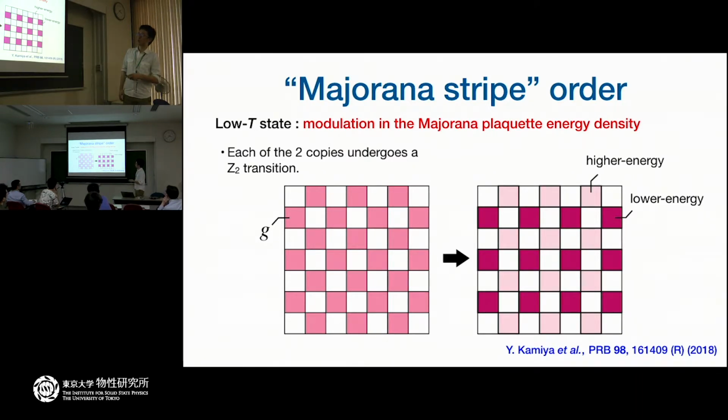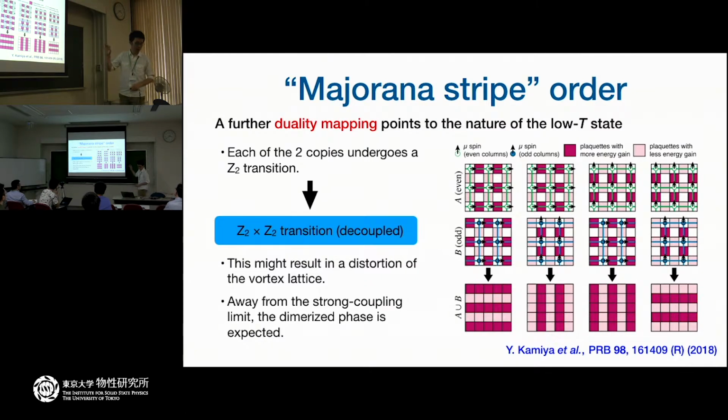At low temperature, they become inequivalent. By spontaneously breaking symmetry, one plaquette tends to have lower energy and the other plaquettes tend to have higher energy. This type of plaquette modulation occurs independently between the A and B sublattices. The consequence of the transition is G2 cross G2 type, but in a completely decoupled manner, like in the case of the Ashkin-Teller Hamiltonian without any coupling between them.